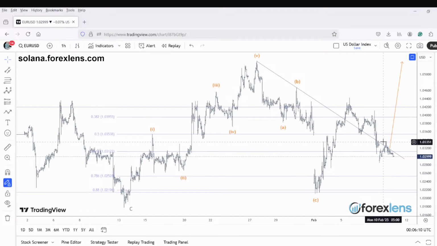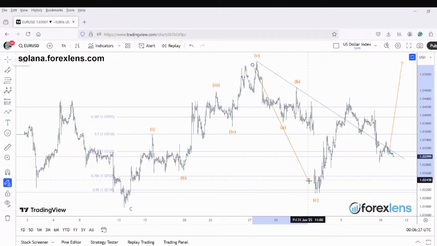So if the alternate count is unfolding, then we are going to see some more sideways price action. Let me just draw a potential path, where we have the first ABC, and we have the second one, and the third one, fourth, and fifth.